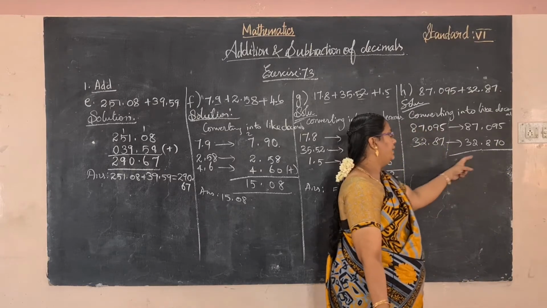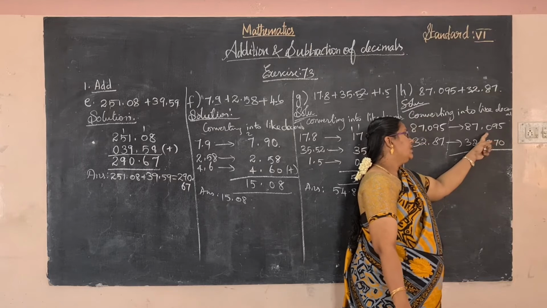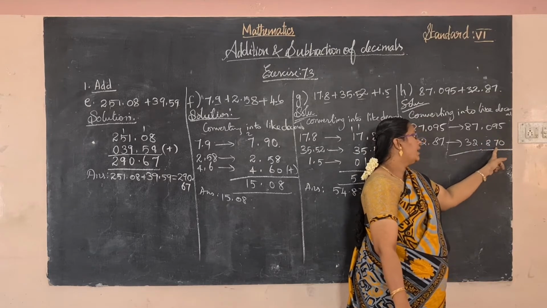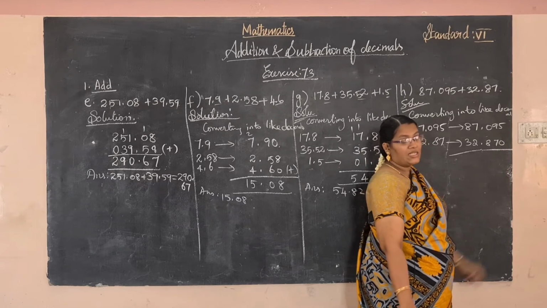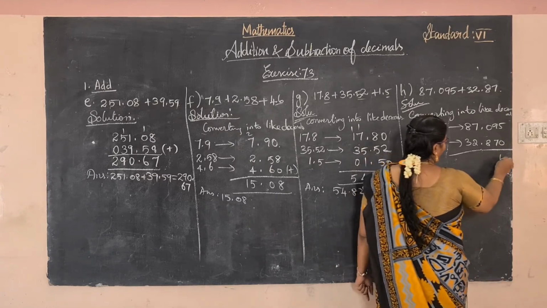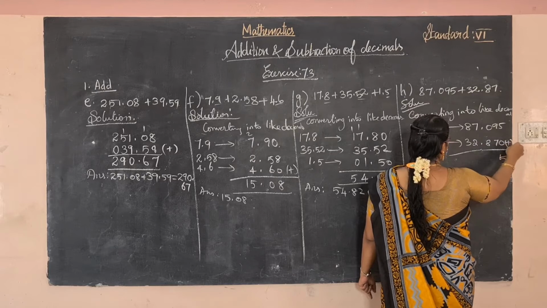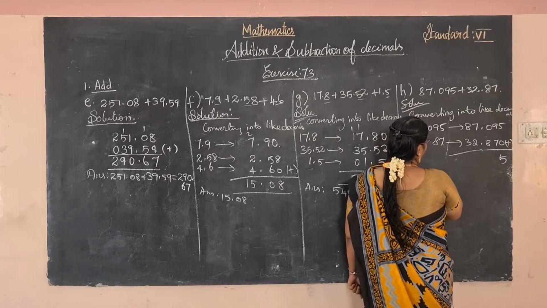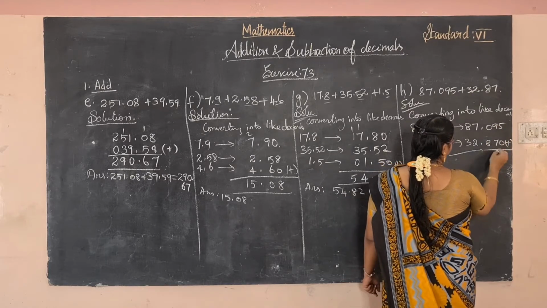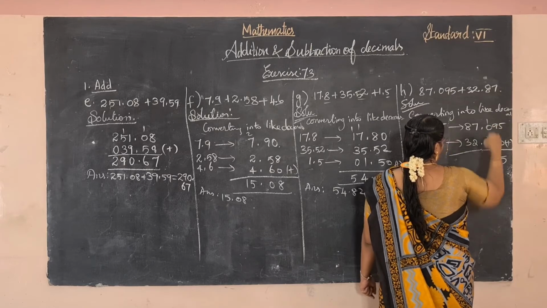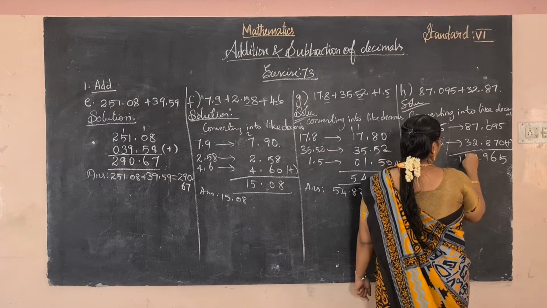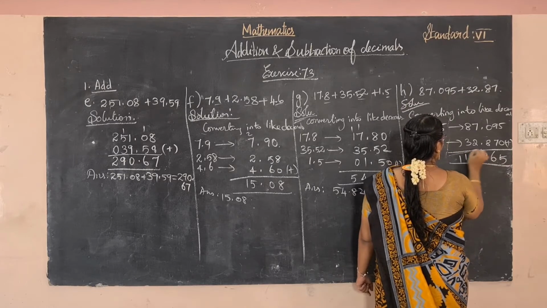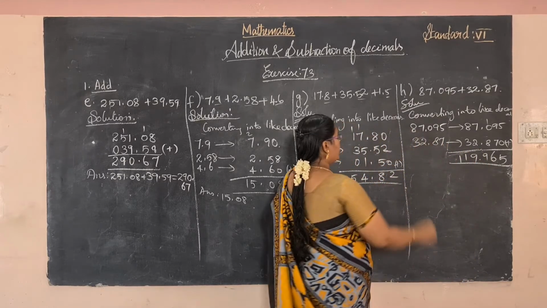Why do we add a 0 here? The highest decimal place value is 1000th. Here only the 100th place is there, so we have added 0 on the right side of the decimal value. Okay, so add the values: 5, then 16, 9, 11. Okay, that's it. Answer.